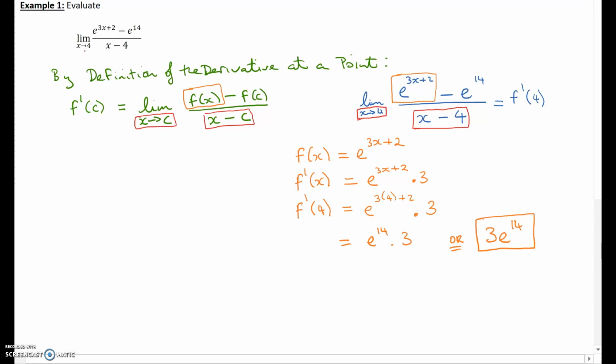Now the other way we said you could do it is using L'Hopital's rule. So let's use L'Hopital's rule to do it as well. And remember, in an exam situation, whichever method you use is absolutely fine.